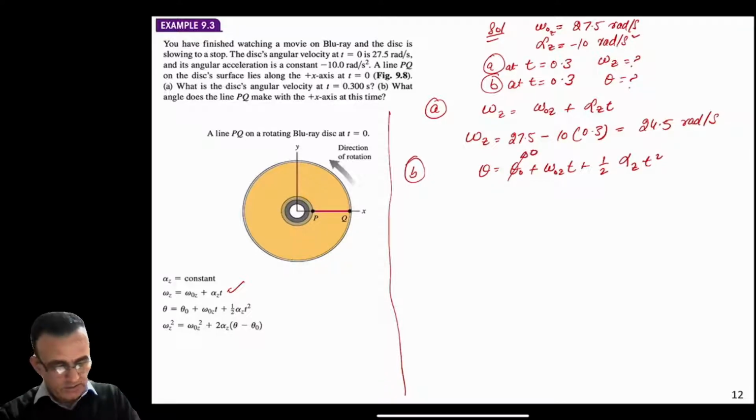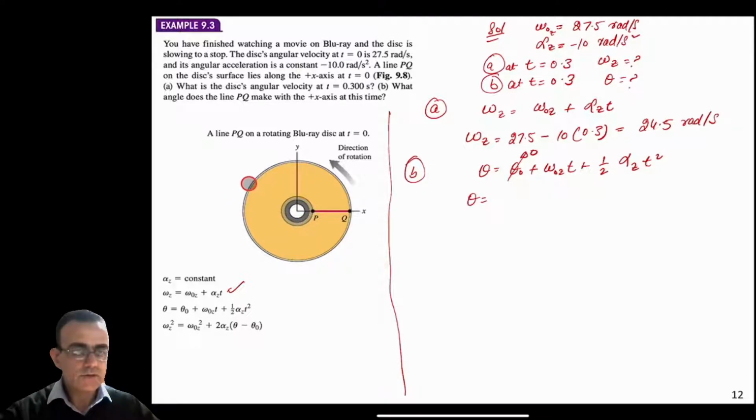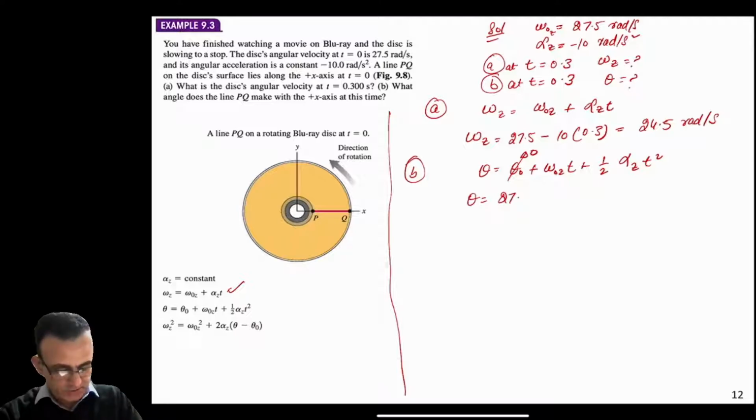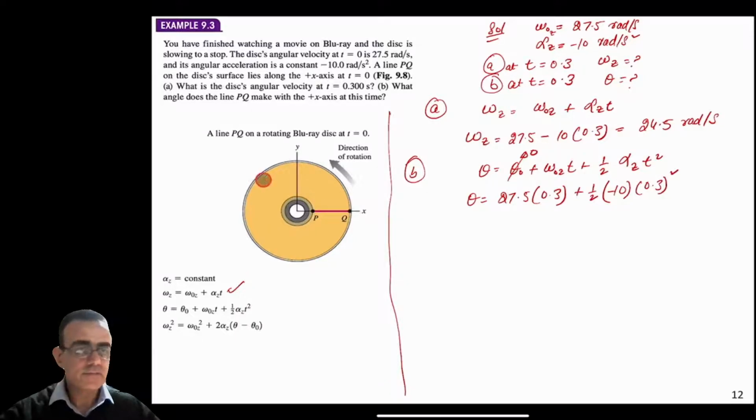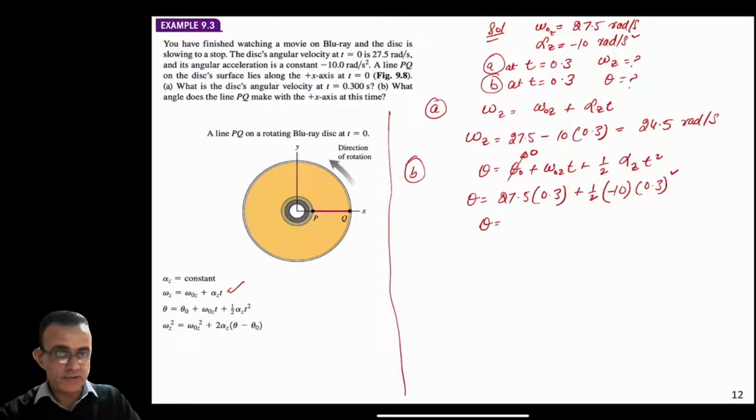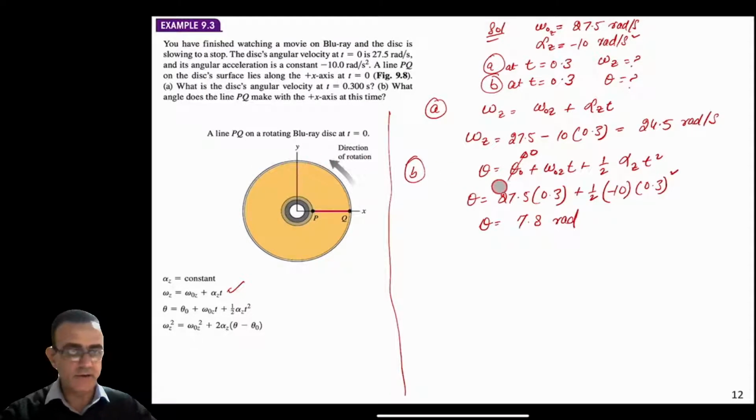Now this term is 0, so theta will become equal to 27.5 times 0.3 plus half of minus 10 times 0.3 square. So from here we can calculate theta, which is 7.8 radian.